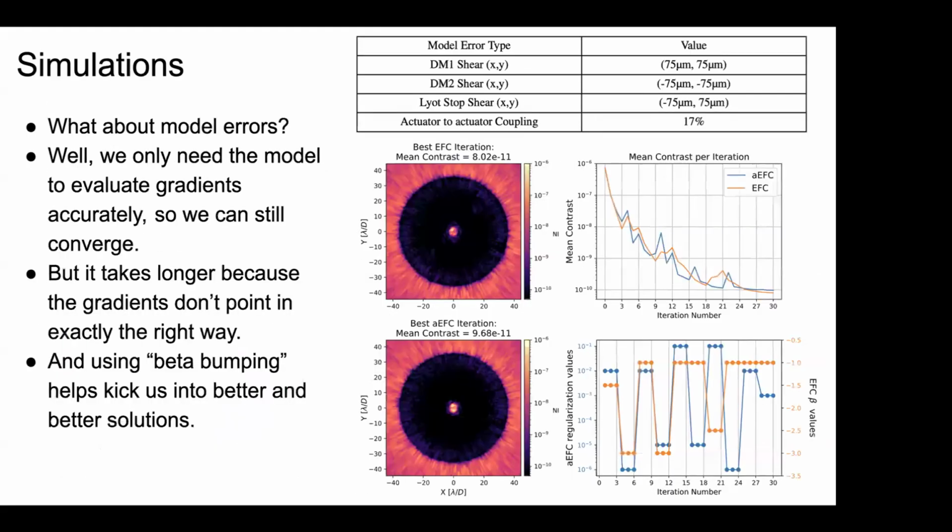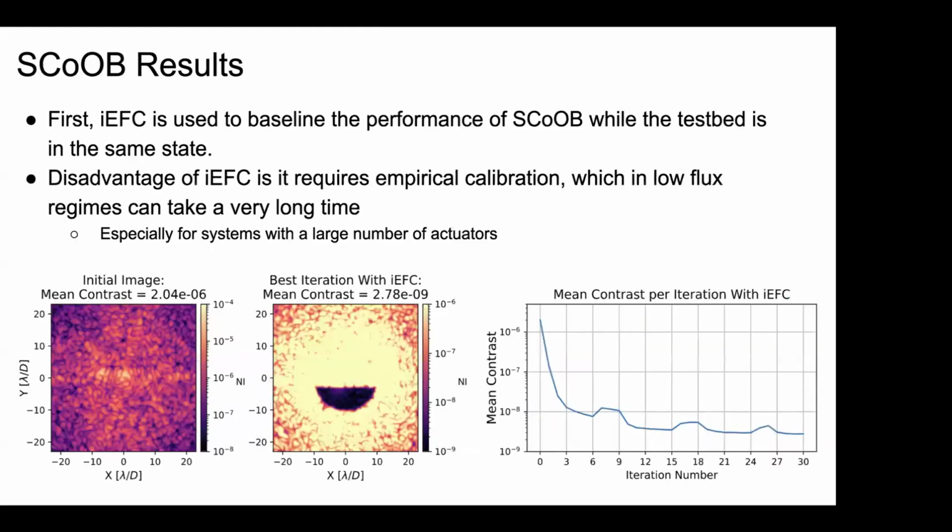SCoOB has a ridiculously bright source on it too. Yes, it's not second or third magnitude. When I said 45 seconds, that was just computation time, not exposure time.